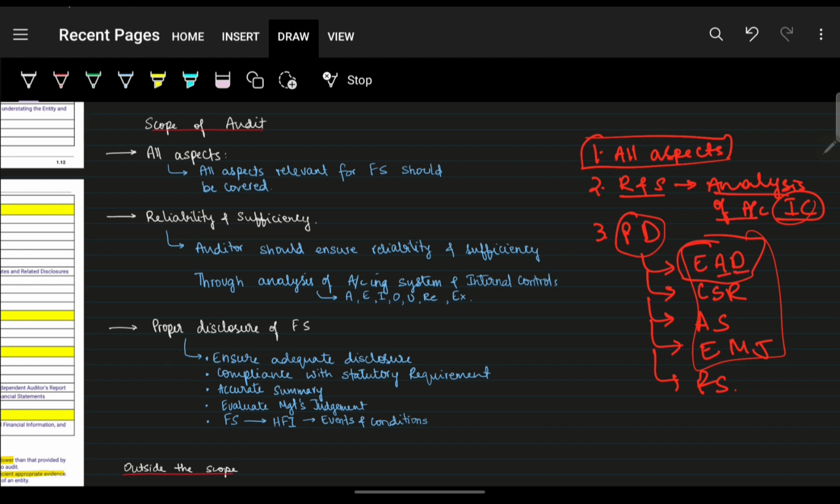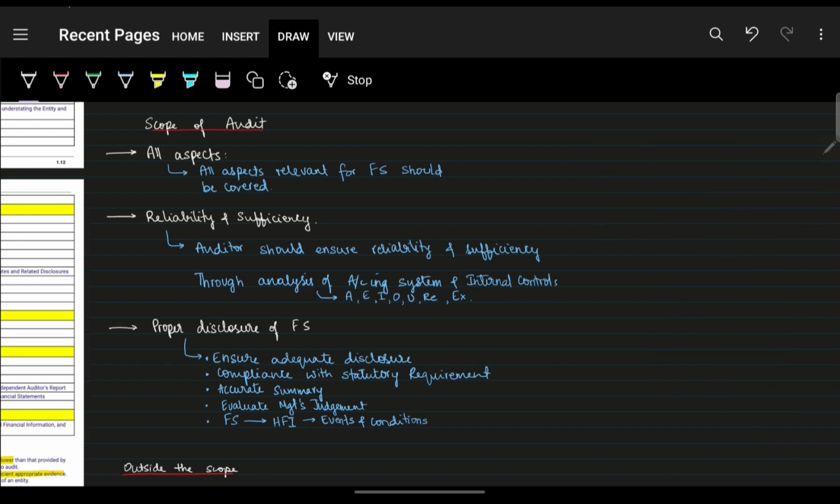He should ensure compliance with statutory requirements, accurate summary of the financial information or the events and conditions of the company, and lastly, evaluate management judgment. And lastly, the financial statement is prepared as per the historical financial information of the entity, which shows the events and conditions of the entity.